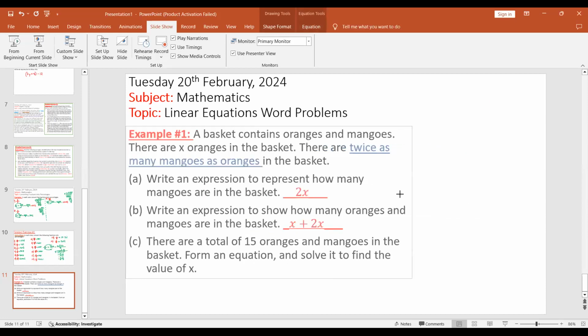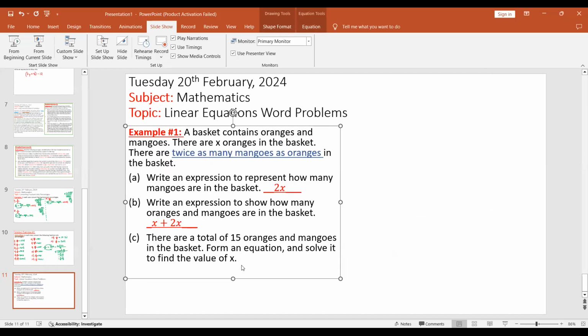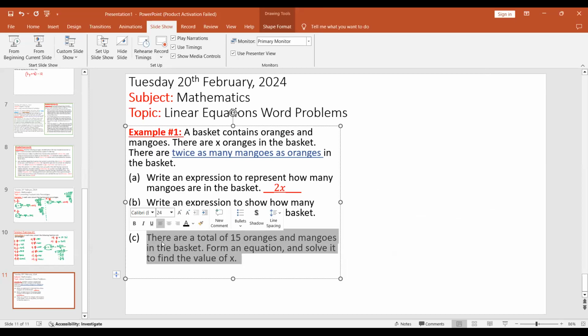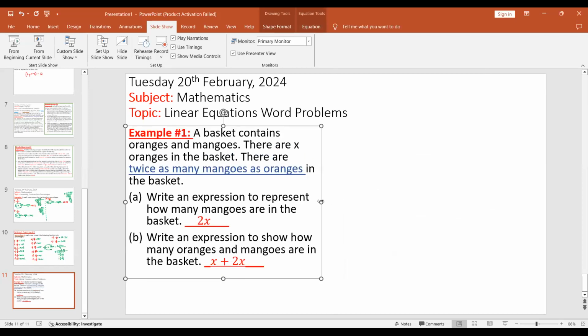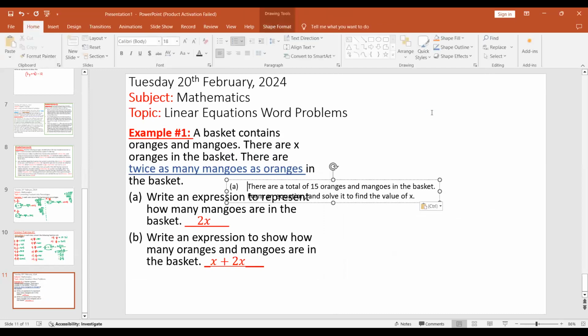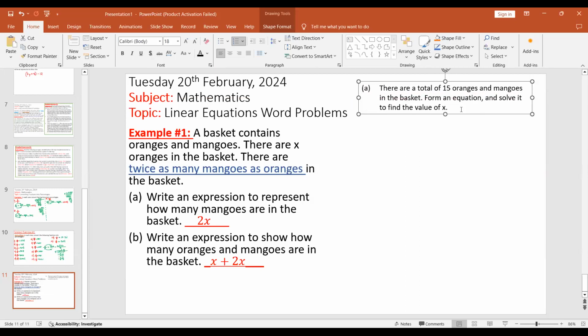Okay, good. So how are we gonna do that one? What I should do, let me put this on the side so we get space. So I'll keep this here on the side, and then on this side I'm gonna put this question so we could have enough space to go. So we're gonna call this C. So there are, in total, how many mangoes and oranges we have in total?